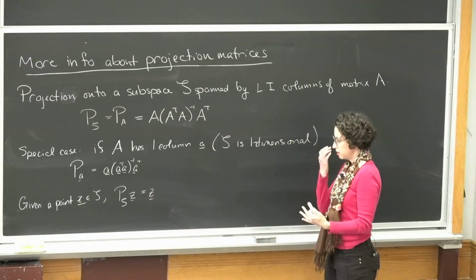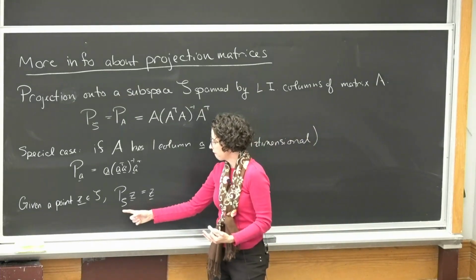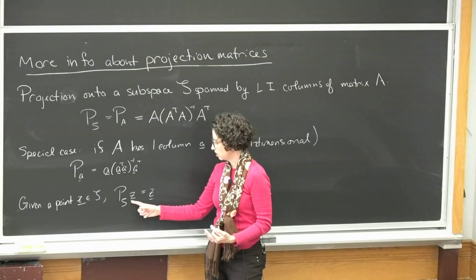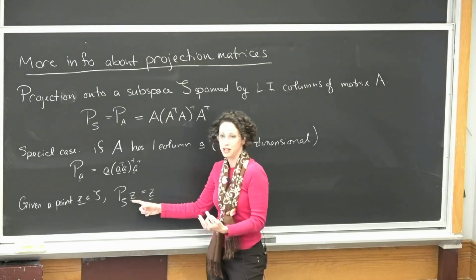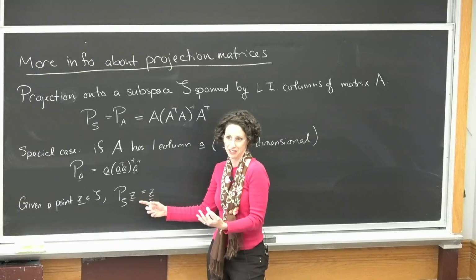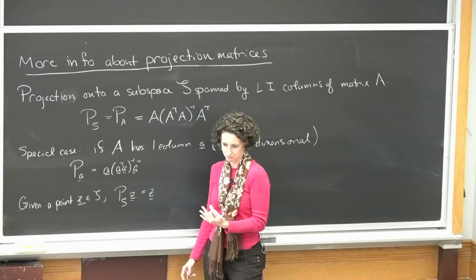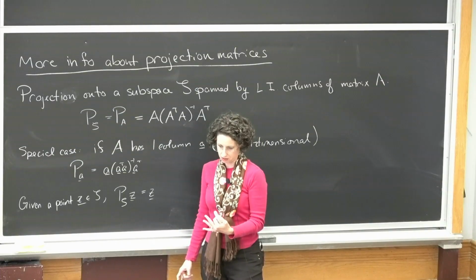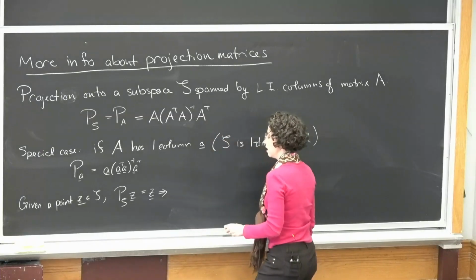And remember, the reason for this is that what the projection is doing is it's saying, find the point in the subspace that's as close as possible to z. So if z is already in the subspace, then z is the point closest to z, and so the projection doesn't do anything.